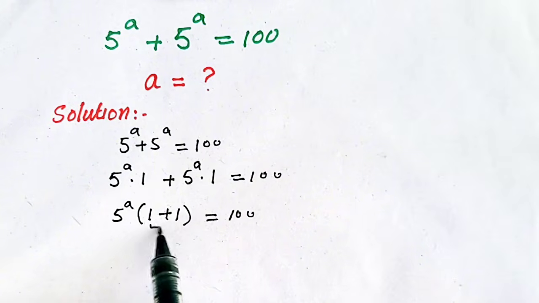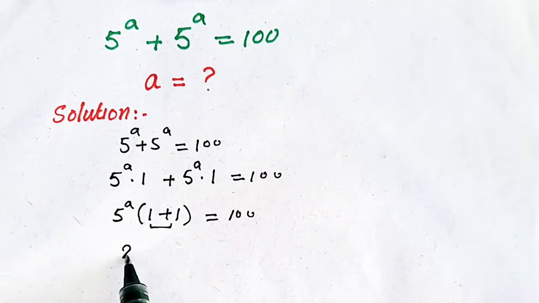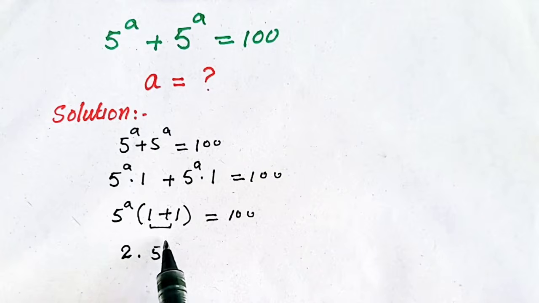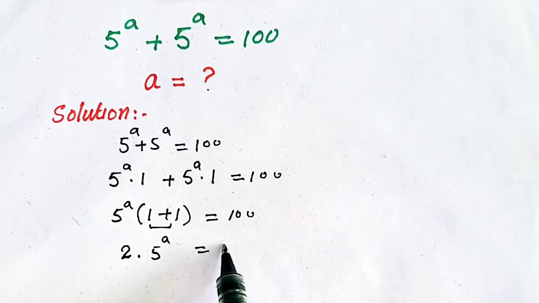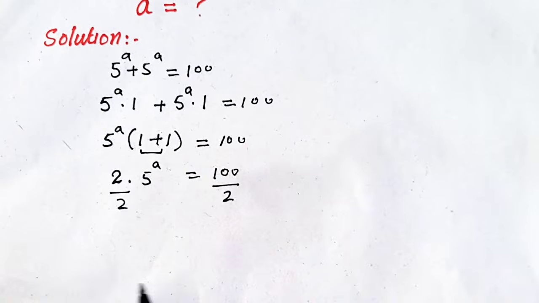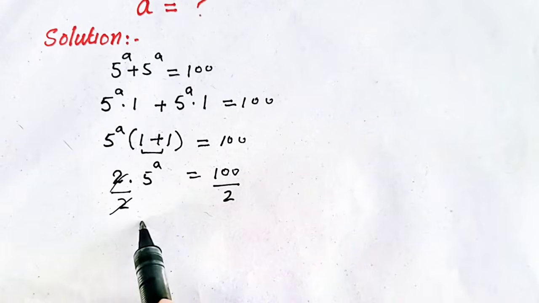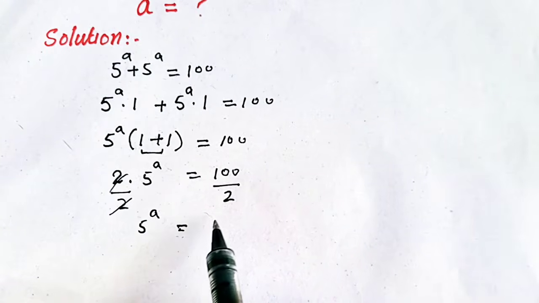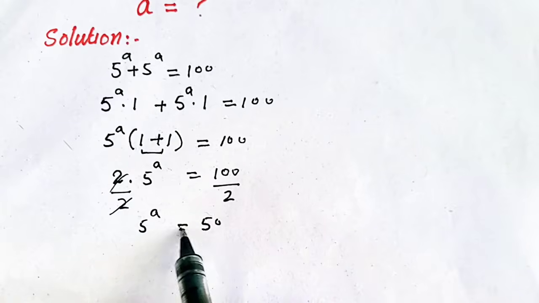Now, 1 plus 1 is equal to 2. So 2 times 5 raised to a is equal to 100 divided by 2. Dividing by 2, we will get 5 raised to a is equal to 50.